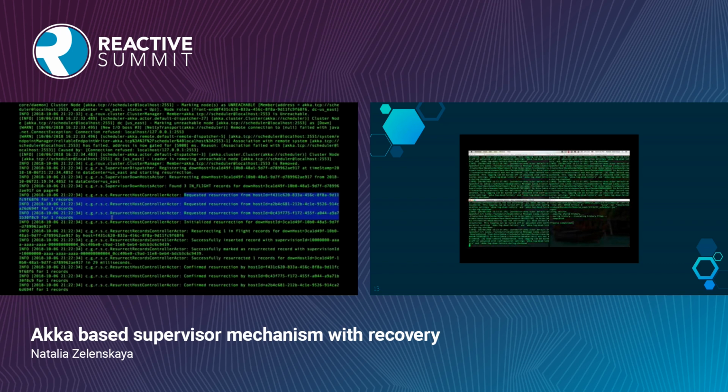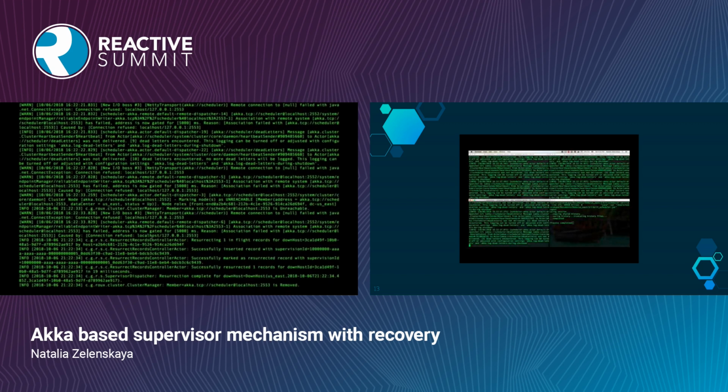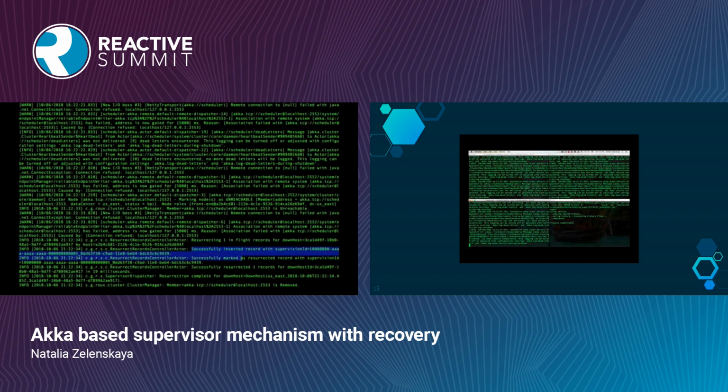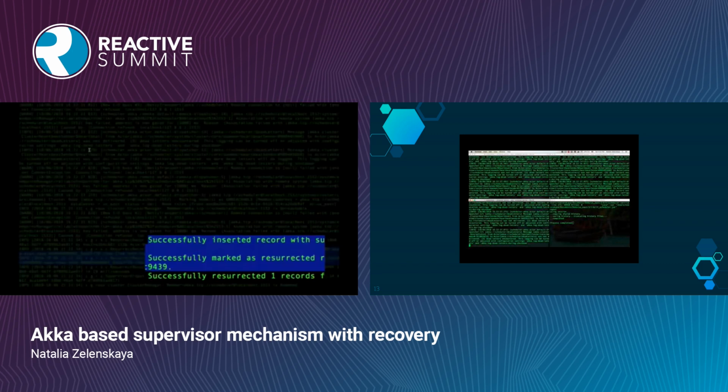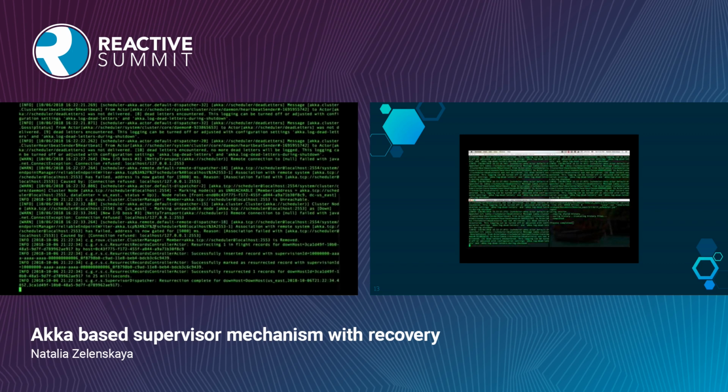We're going to see that all other nodes received this message, and they acknowledged the acceptance for resurrection. This is node number 2, and it's saying that it's resurrecting 1 in-flight record for the down host, which just went down. When it successfully recovers the state and updates the recovery point, it says that everything was successfully processed.